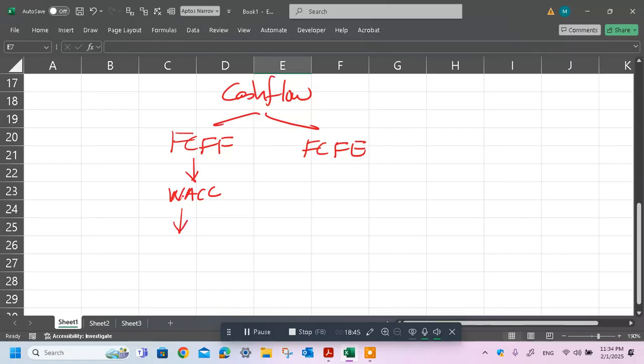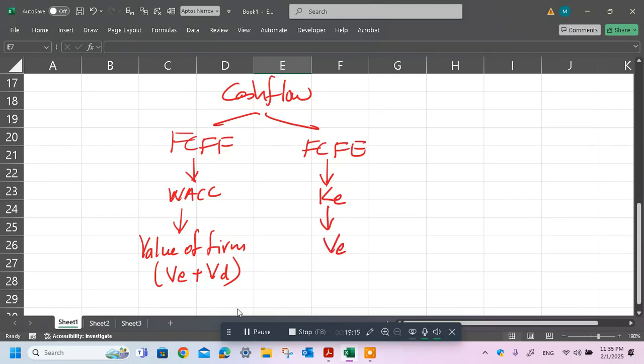Once you discount the free cash flow to firm using weighted average cost of capital, what you get is value of firm. Value of firm means VE plus VD, value of equity and value of debt. Whereas if you take the free cash flow to equity approach, you have to discount those cash flows using KE. Once you use KE and discount, what you get is straight away value of equity.